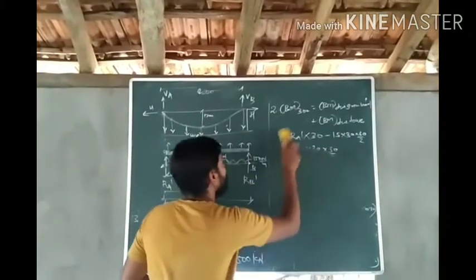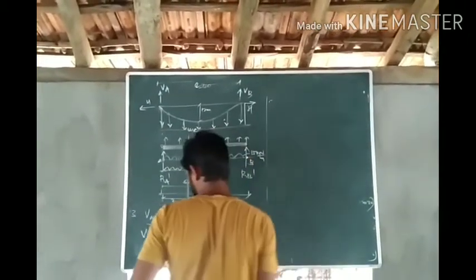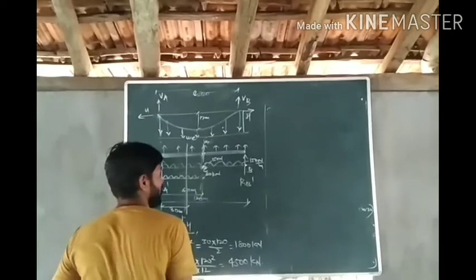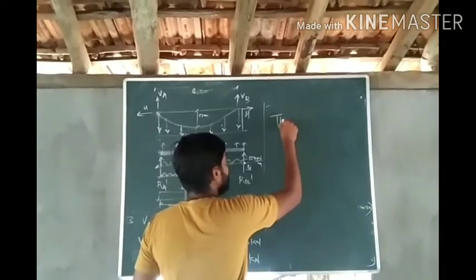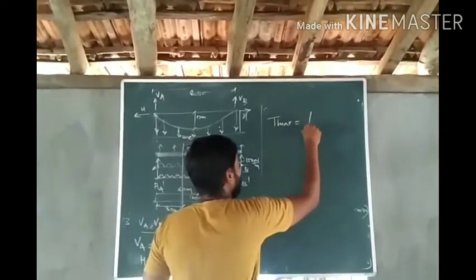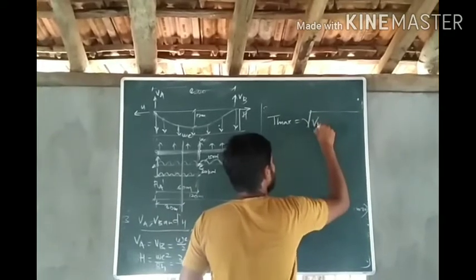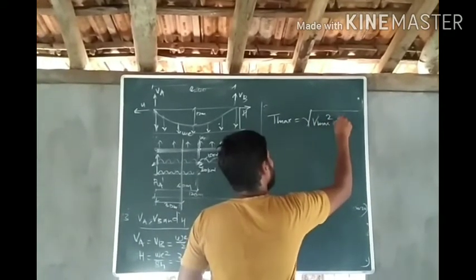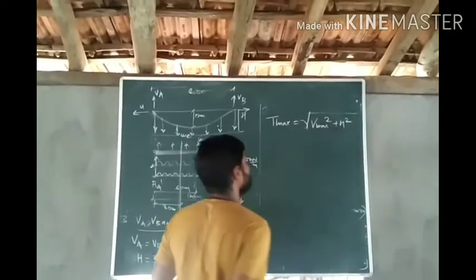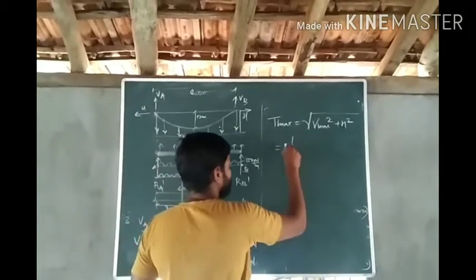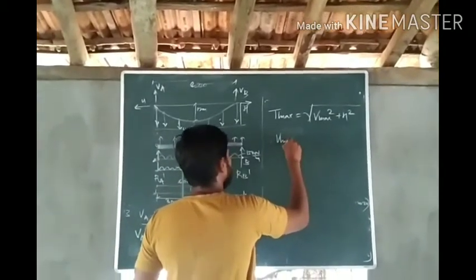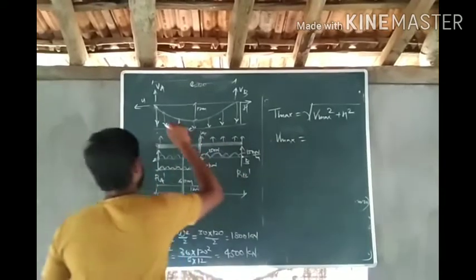Next, they have asked to find out the maximum tension in the cable and its location. So Tmax. The Tmax formula is the square root of Vmax square plus H square. Vmax, that is the maximum shear force.